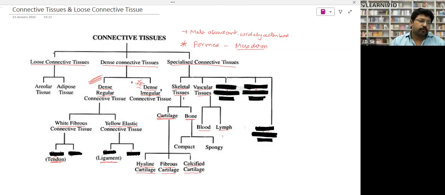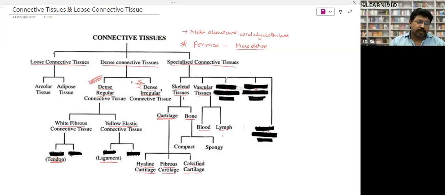Loose connective tissue is of two types: areolar and adipose. Areolar tissue is like a sponge and protects our body. Adipose tissue, as discussed, stores fat.